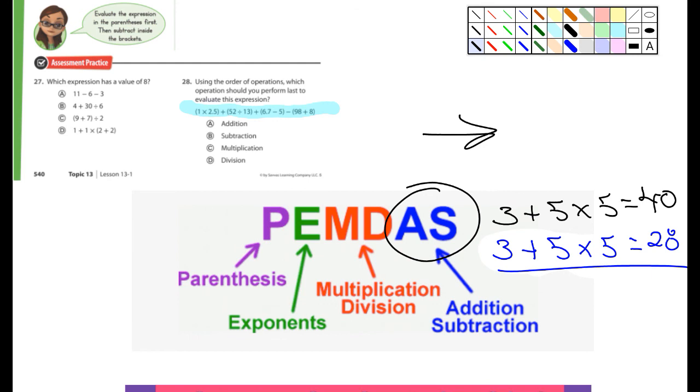So once you solve what's in each one of those parentheses, you're just going left to right. Addition and subtraction. Doesn't matter which one comes first. So maybe that'll help you answer 28.